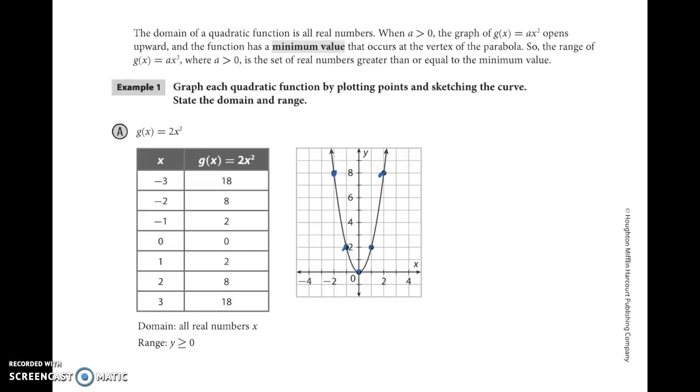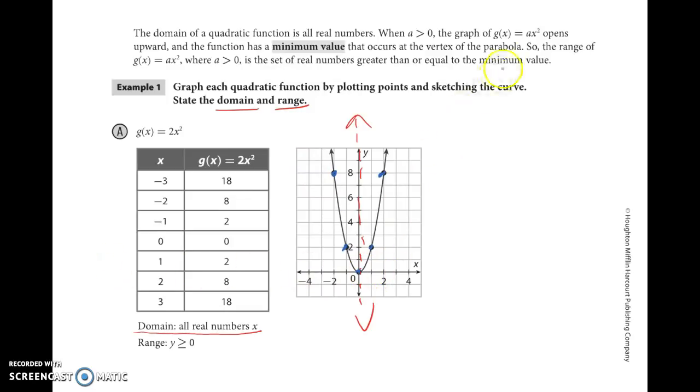One thing that it doesn't ask us to do is to find the axis of symmetry, but I want us to get in the habit of drawing this. This is the axis of symmetry. This is the line that would cut this parabola perfectly in half. And then it does say state the domain and the range. For my domain, it's all real numbers. Why is it all real numbers? It's going on for infinity out this way, and so x can be any number.